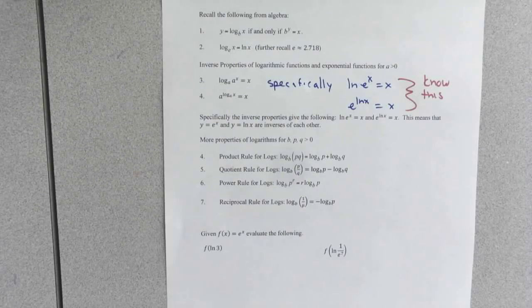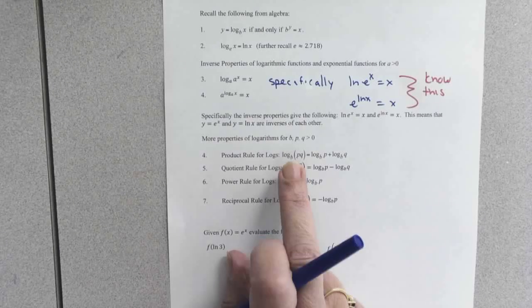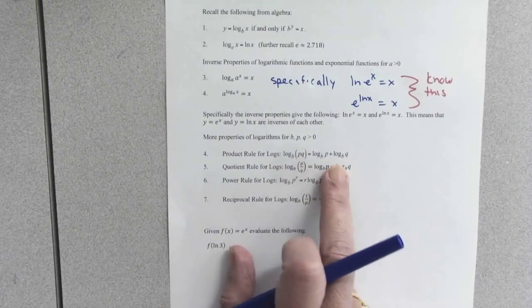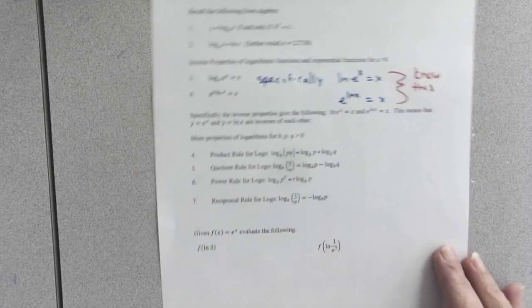The product rule for logs says log base b of pq is log base b of p plus log base b of q. You can break up the log of a product by addition.